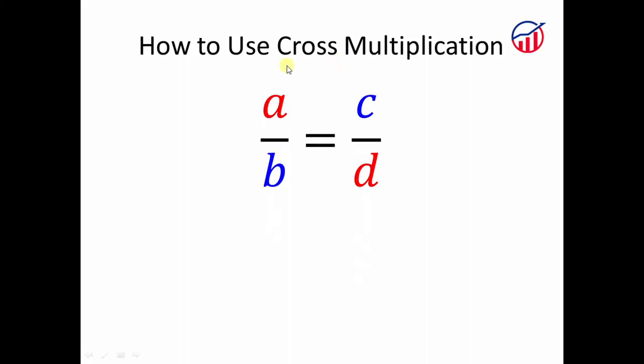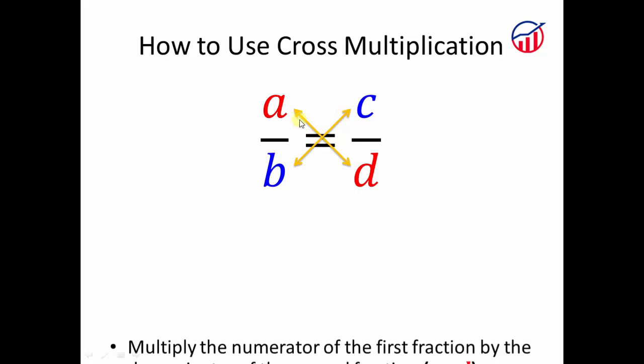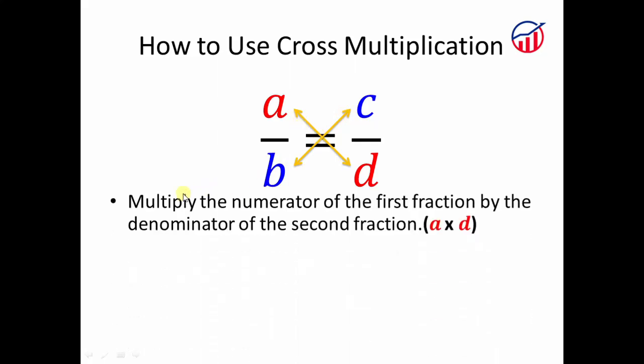So how to use cross multiplication? Here we are taking 4 letters and we'll try to explain to you very crisply how to use cross multiplication. Let's say this is an equation: a upon b is equal to c upon d. You can see a cross over here with arrows at both the sides. What you're going to do is multiply the numerator of the first fraction by the denominator of the second fraction.